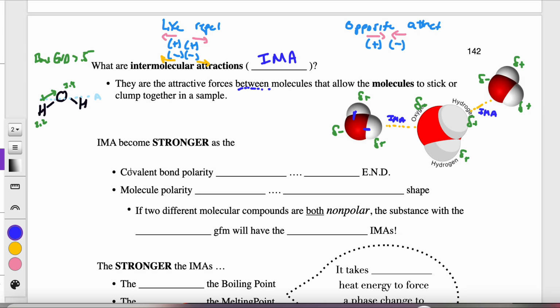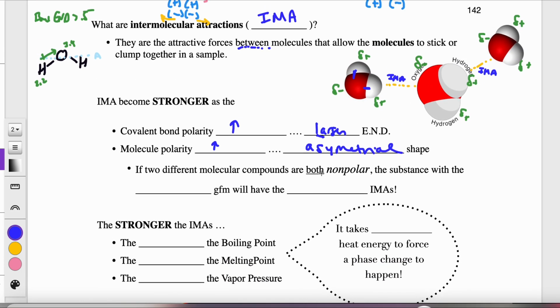As covalent bond polarity increases, that means we have a larger END, so we have more definite partial charges. As molecule polarity increases, we see a greater degree of asymmetry in the shape. So the shape becomes more asymmetrical. That should be the word larger.